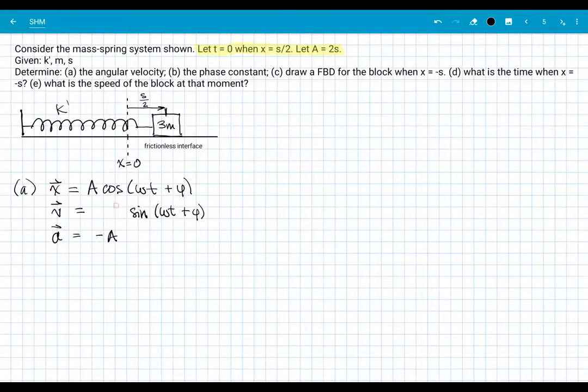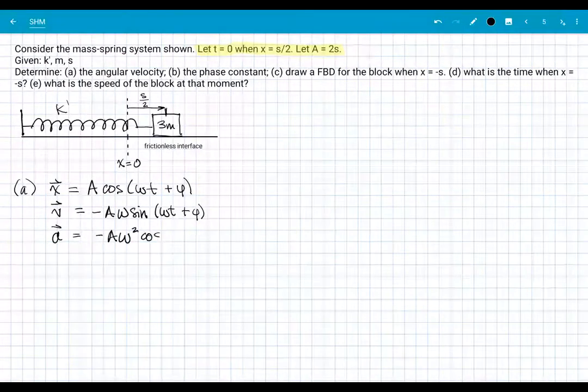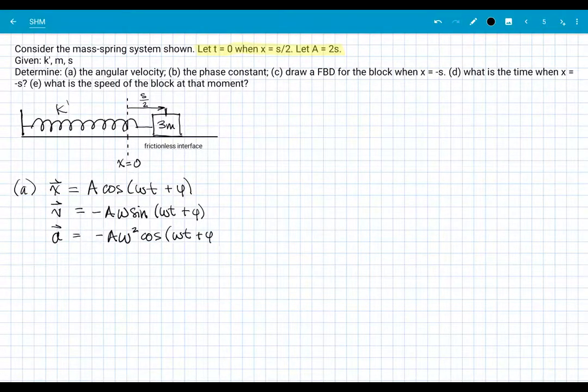Let's fix that real quick. That omega is important. So we have negative A omega squared cosine of omega t plus phi.